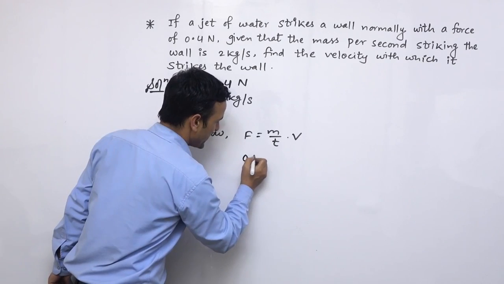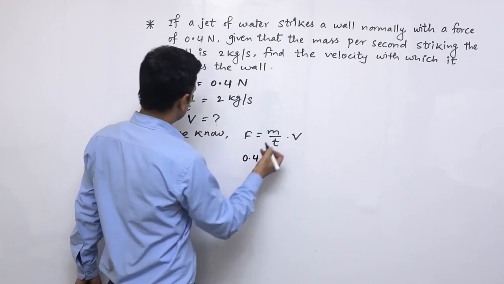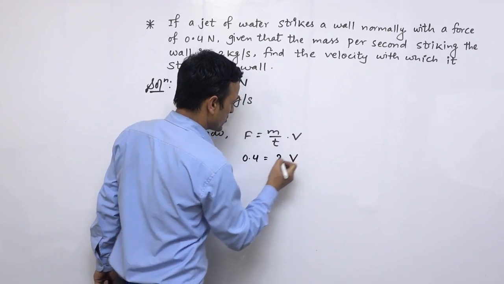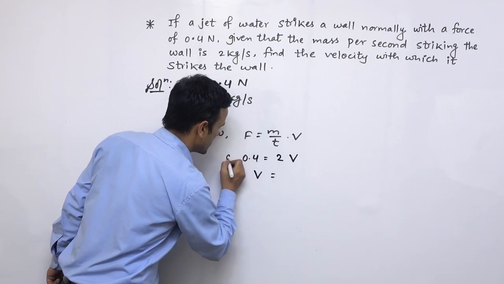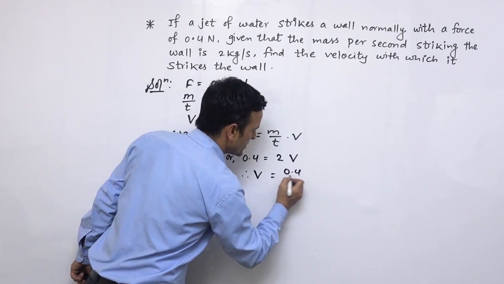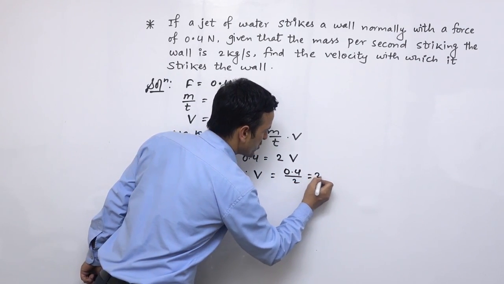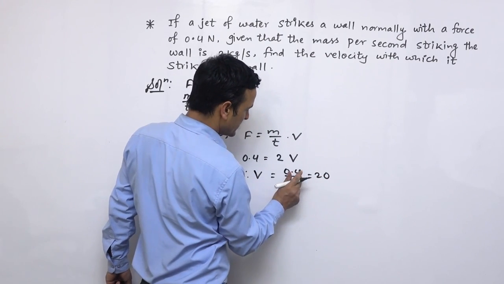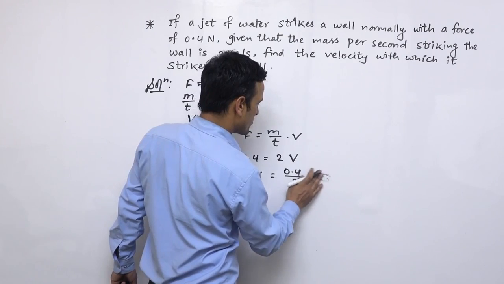So F is 0.4 and m by t is 2, and v is unknown. So v is equal to 0.4 by 2. 0.4 by 2 means it is 20, a 0 after the decimal point. So it is not 20.